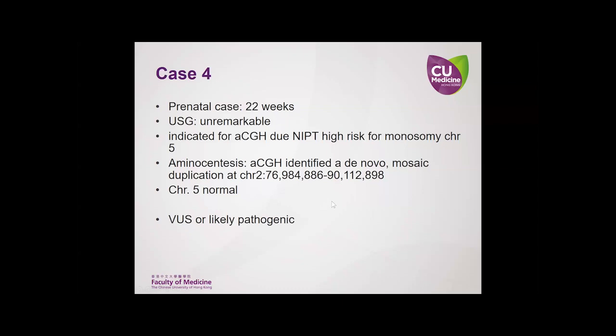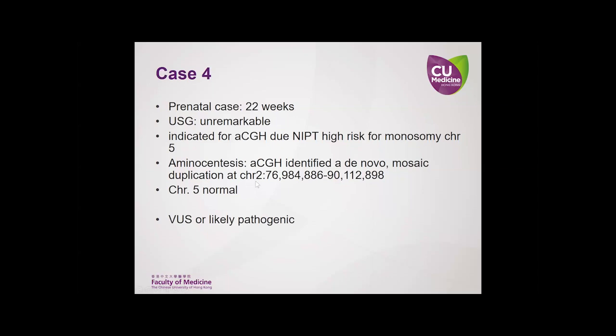So the genetic counseling should include, first of all, explaining to the patient that this is a de novo finding, which does not occur in the parents. That means the recurrence is quite low, except that there could be a gonadal mosaicism risk.